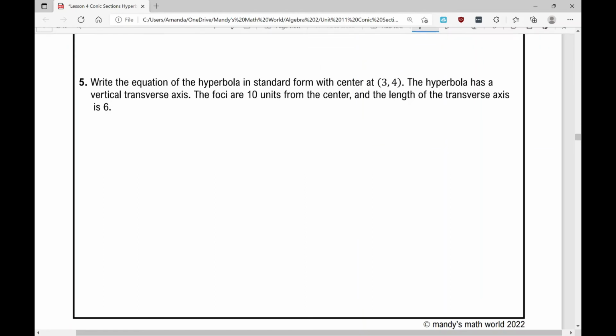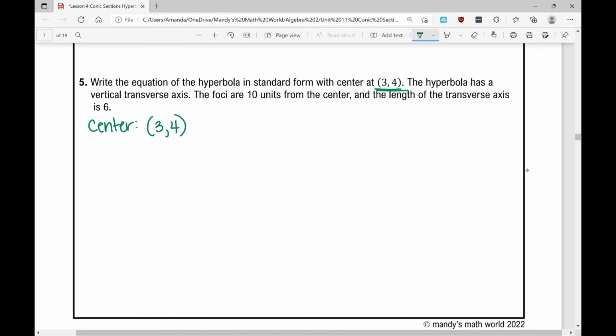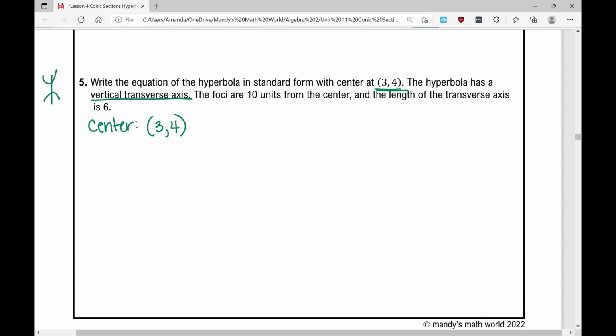Number 5 says, write the equation of the hyperbola in standard form with the center at 3, 4. I'm going to write that down. The center, our h, k, is at 3, 4. The hyperbola has a vertical transverse axis. That means it's going to look like this. And that vertical transverse axis means x is what's negative, right?